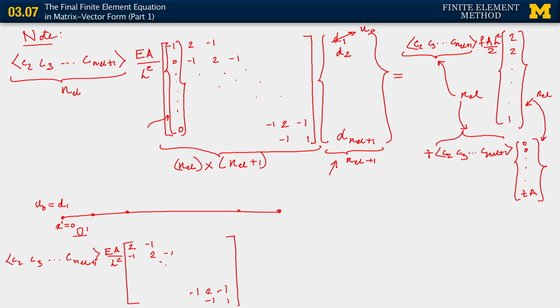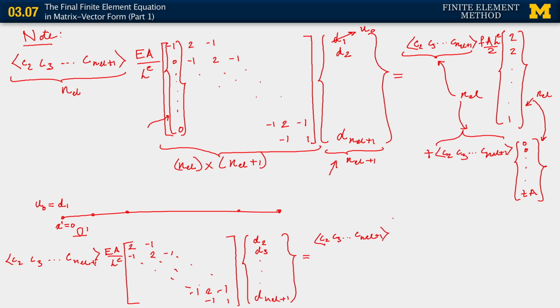The diagonal is this one, and the upper and lower diagonals are those ones. This thing multiplies the vector d2, d3, all the way down to d_{NEL+1}, equals C2, C3 up to C_{NEL+1}.